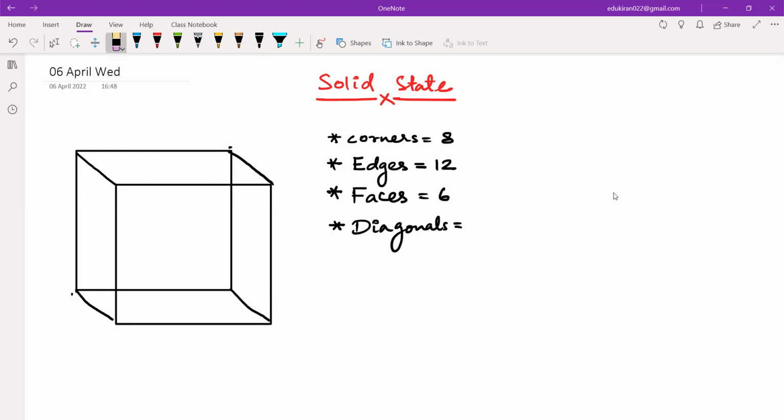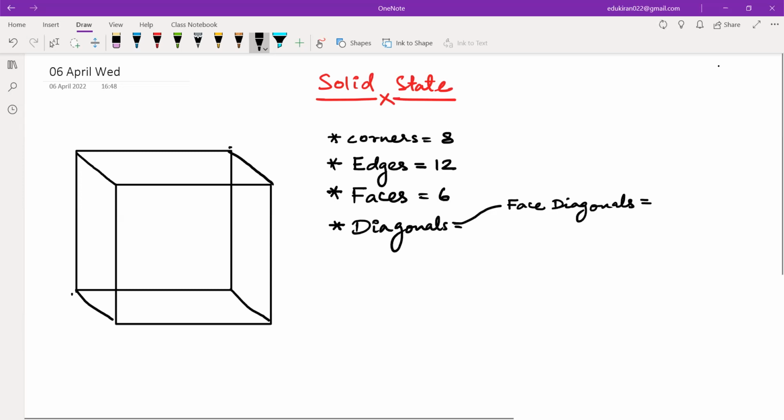So each square will have 2 diagonals, and in the face you will have a face diagonal. So the total number of face diagonals in a cube will be equal to 12, because in each face there will be 2 diagonals.